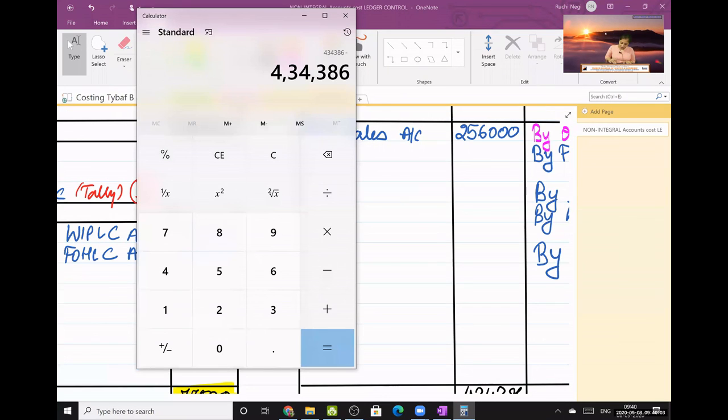Minus the debit side, 2,56,000. So 1,78,386.